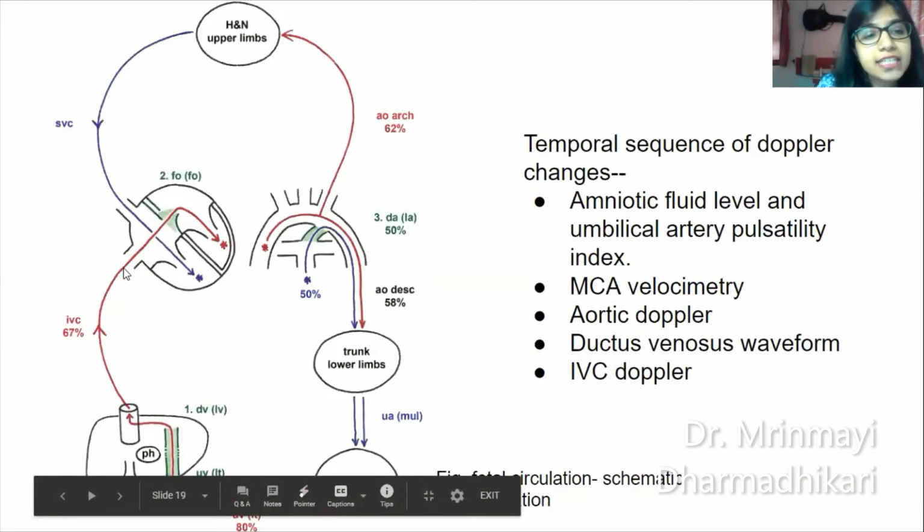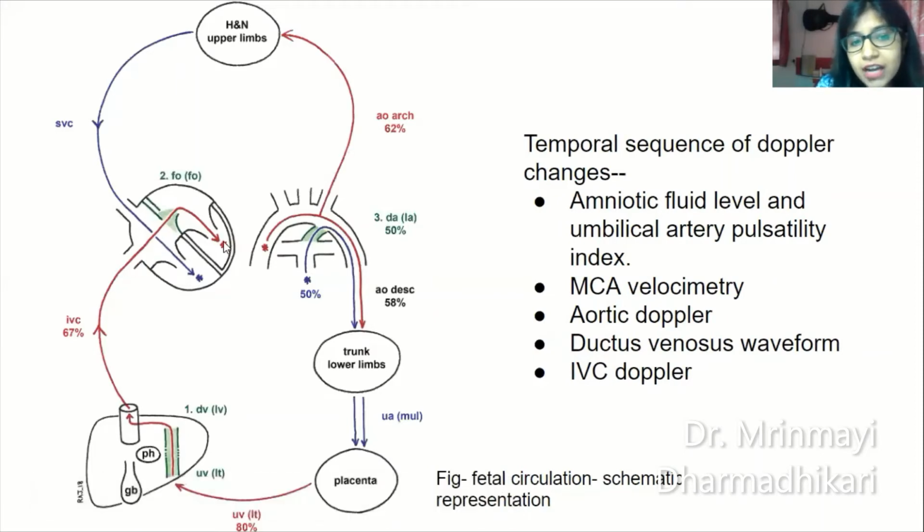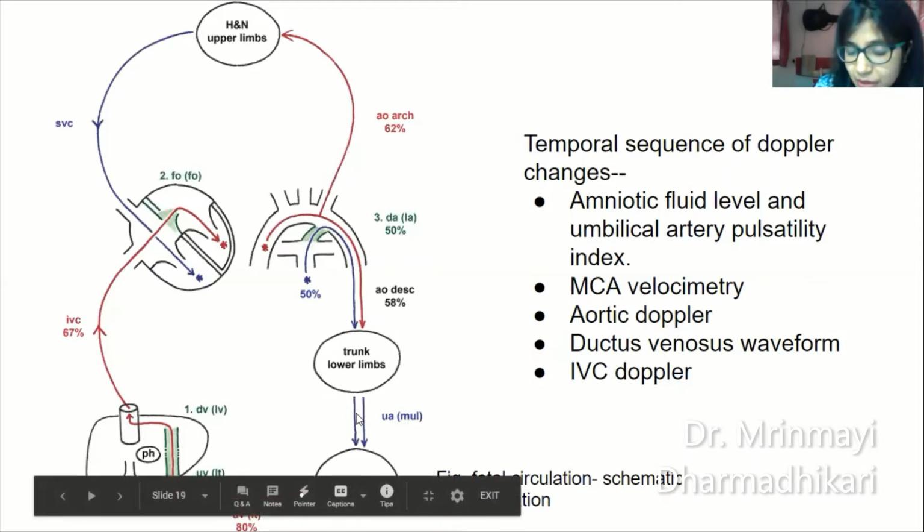Inferior vena cava takes this blood back to the right heart, right atrium to left atrium via the foramen ovale, and left ventricle. Again, the blood is pumped out into the aorta, which then goes to the body systems, including the kidneys, the brain, etc. Deoxygenated blood is carried again by the umbilical arteries back to the placenta for reoxygenation.